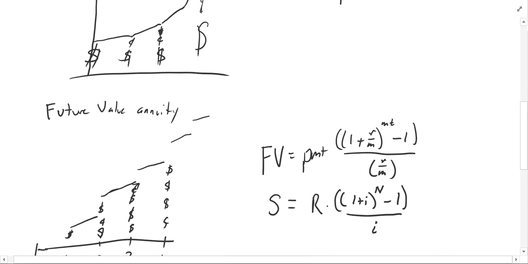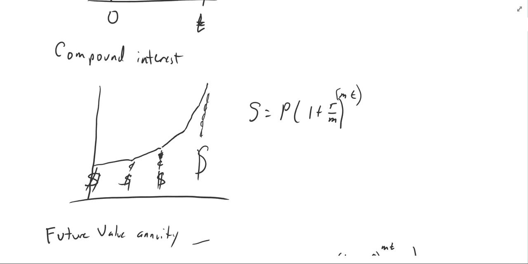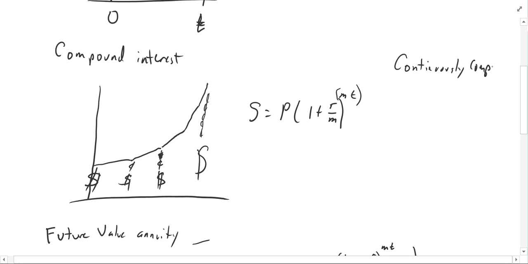One other one that comes back in here on compound interest is continuously compounded interest, which is S is equal to P e to the RT. If you shorten these long line segments over and over again, the best curve you can get is an exponential function with that funky number e as the base.